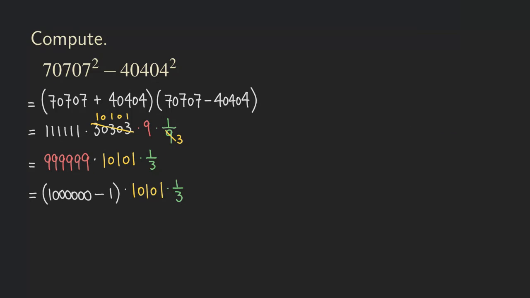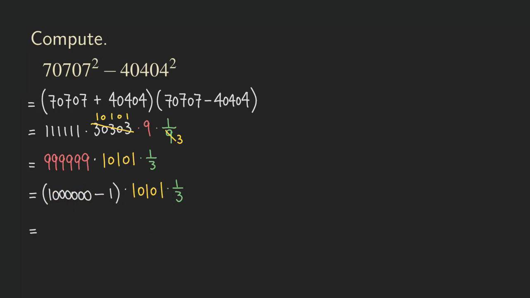Okay, and now you may say, what do we do next? We can use the distributive property: take this 1 million, multiply by 10,101, and then minus 1 times the 10,101, right? And then let's just forget about the 1 over 3 at this point. So when you multiply any number by a million, you are just going to add 6 trailing zeros to that number.